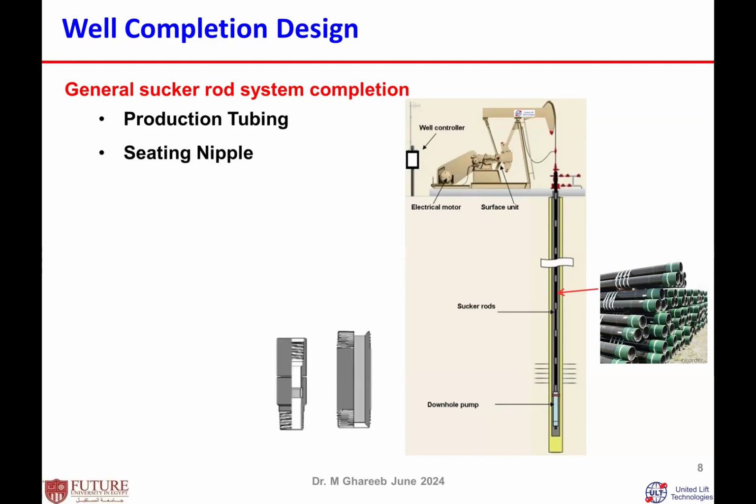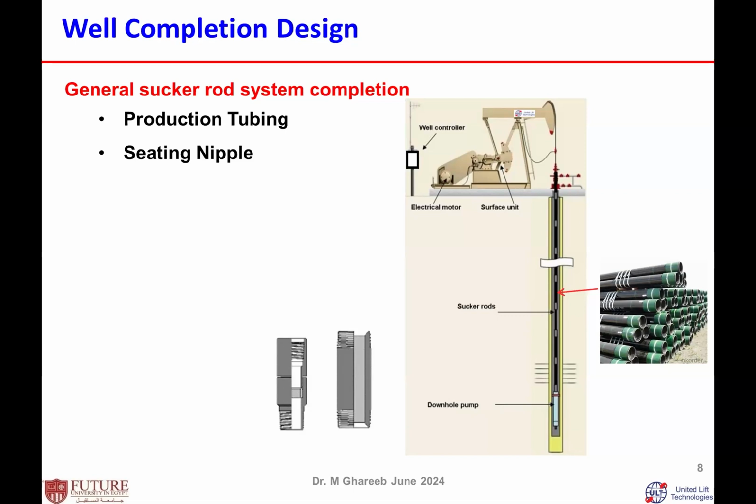Second, I need to have something inside the completion, a certain piece of equipment to run and stop the pump, to install the subsurface pump in the completion in the well. This is called the seating nipple. The main function of the seating nipple is just to hold the subsurface pump in place, at whatever depth I design.